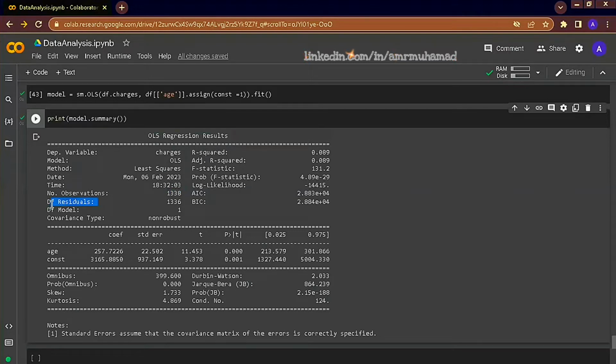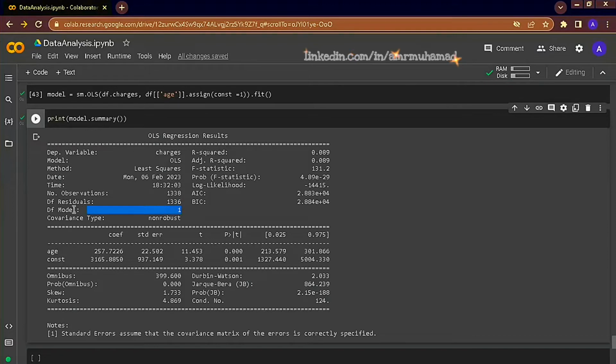DF residual stands for degree of freedom residuals, and it is basically the number of features used in the model subtracted from the total number of observations. So we can see here we have one parameter being age and another parameter being the constant, or the intercept. If we subtract these two parameters from the total number of observations, we get 1336 samples.